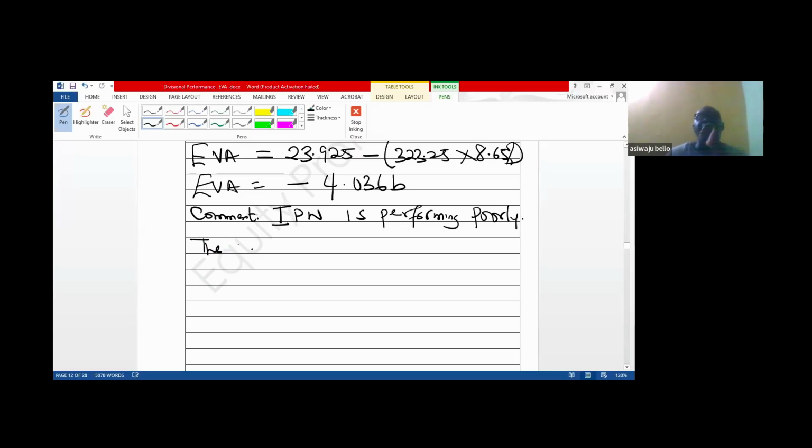The company is not generating earnings for the providers of capital.